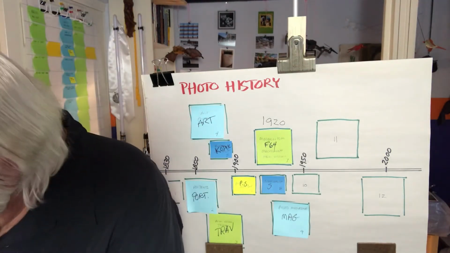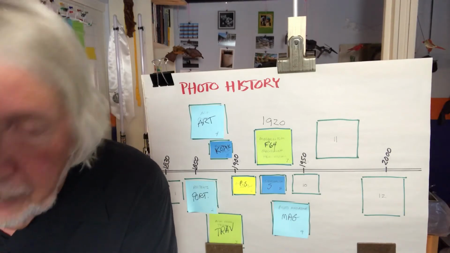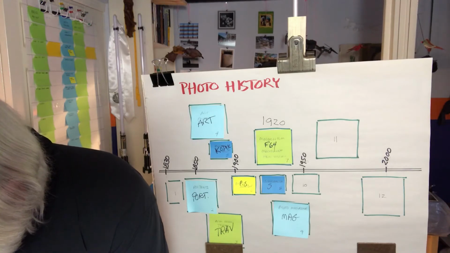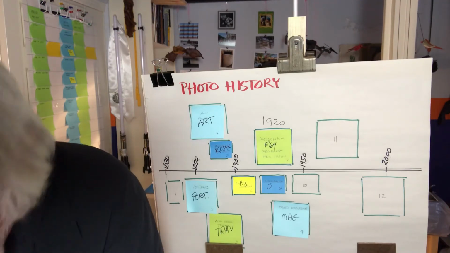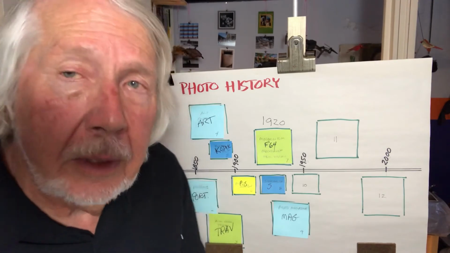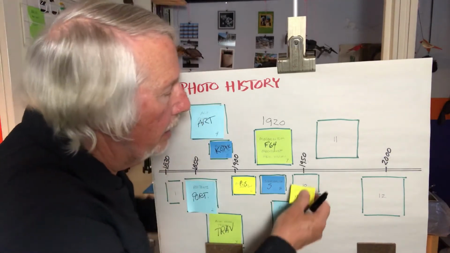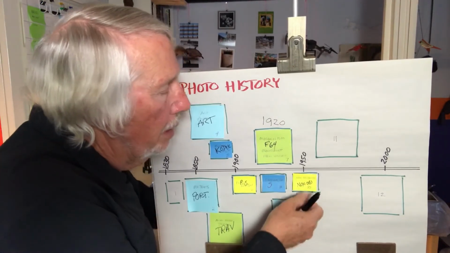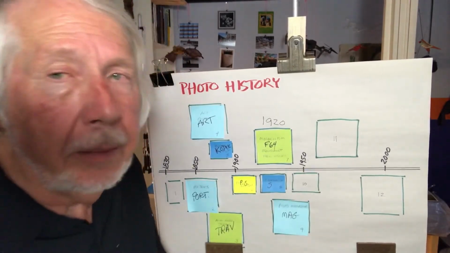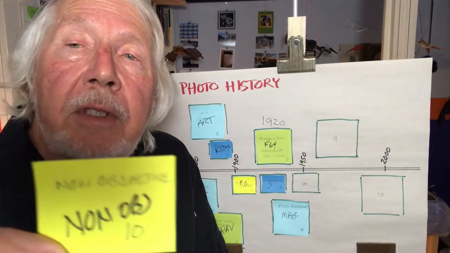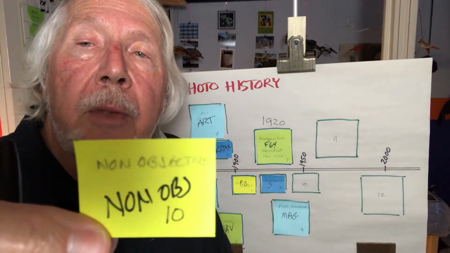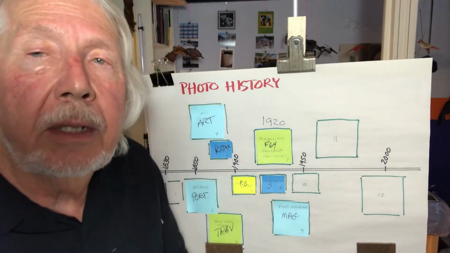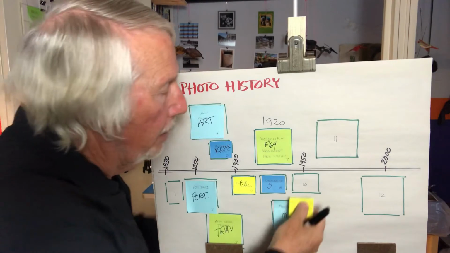Number 10, well, right around mid-century, we had Jackson Pollock come along with something called non-objective painting, and several other fine artists went along with him. So there were photographers who also went with him. Non-objective means that the picture doesn't have a traditional subject matter.